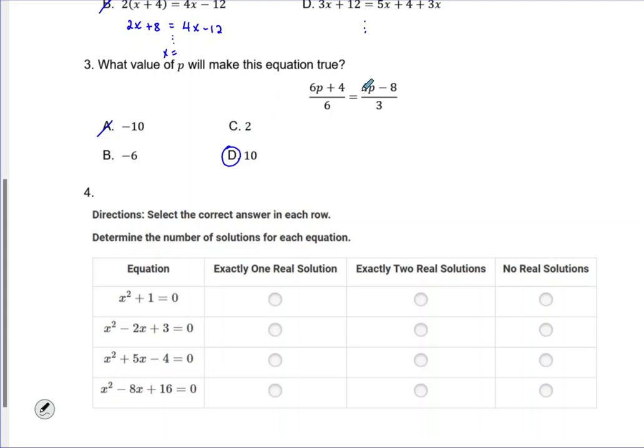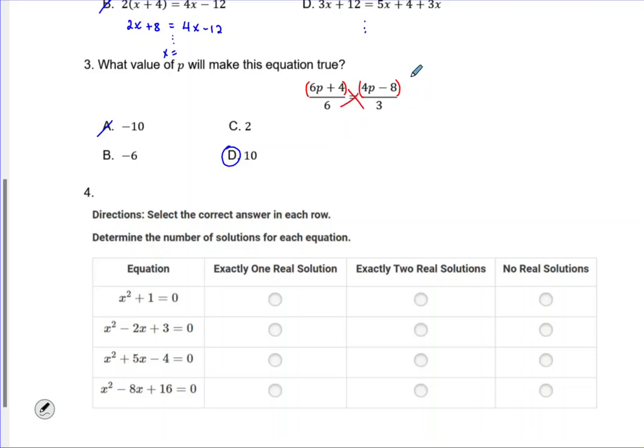Okay? So if you want to fast forward the video from here, you can, because I will do this step by step now, just in case you get a question where you don't have multiple choice and it looks something like this. So you should probably know how to do it by hand, right? To do this by hand, when you have a fraction equals a fraction, I'm going to put this in parentheses because we're going to cross multiply.